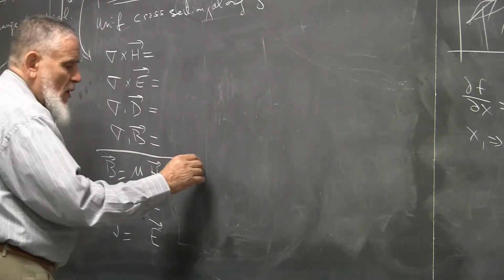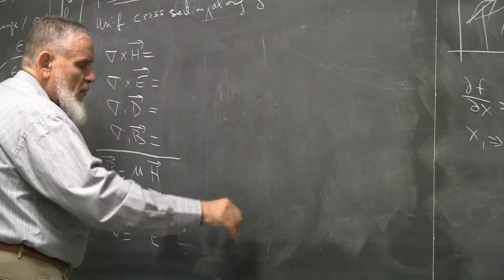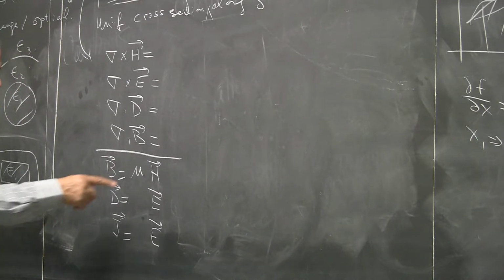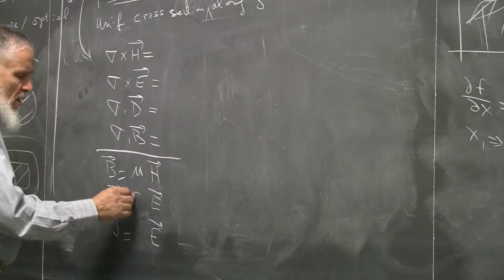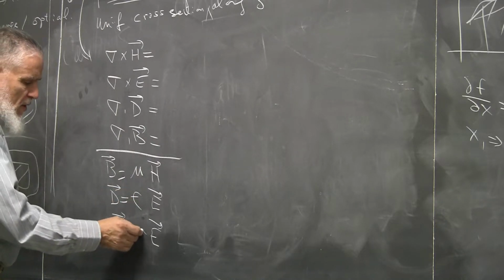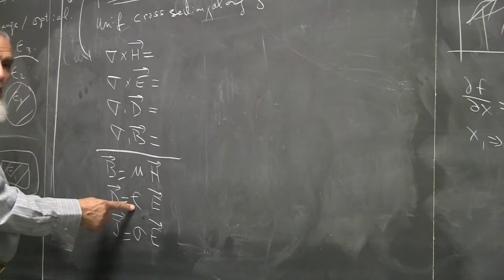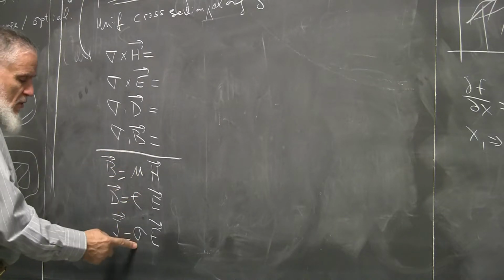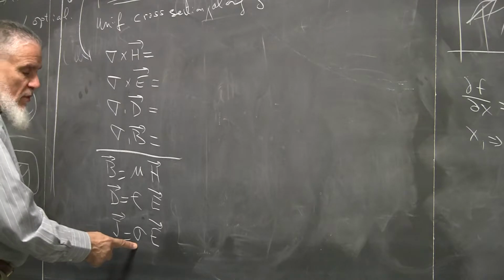Otherwise, you have to worry about a vector B and a vector H and a tensor of mu's, mu xx, mu xy, etc. Right? You can have that. That is an additional complication. This one here is epsilon, and this one here is sigma, right? Epsilon is the permittivity, mu is the permeability, sigma is the conductivity of the media.